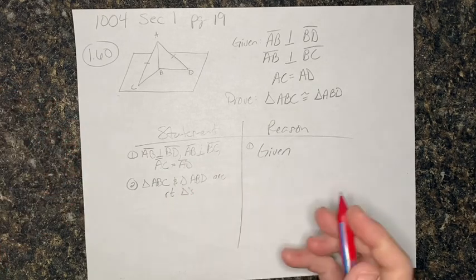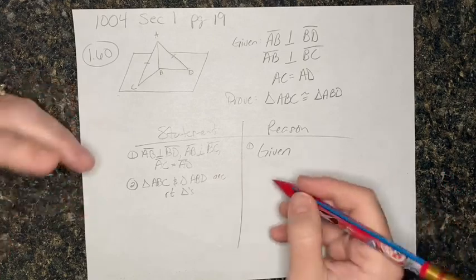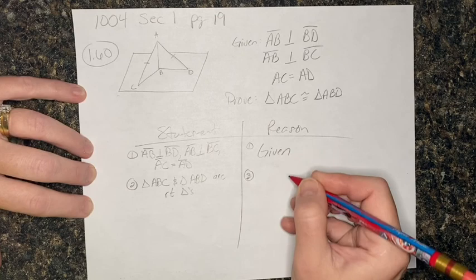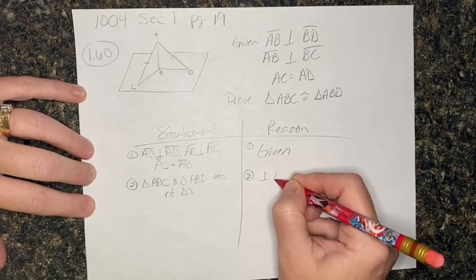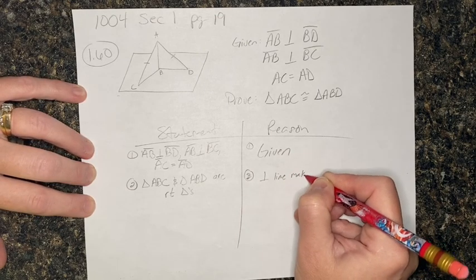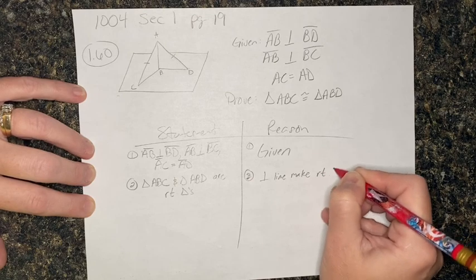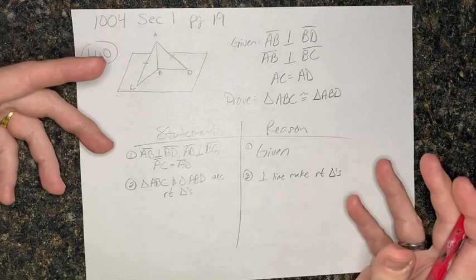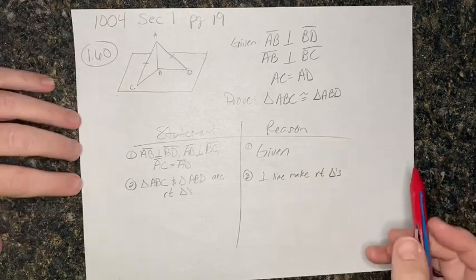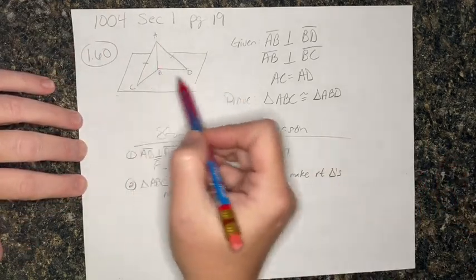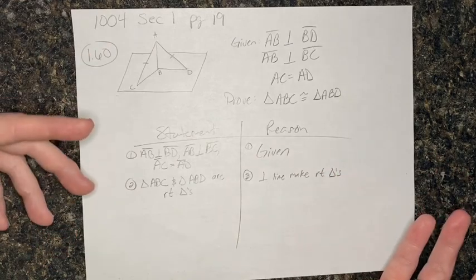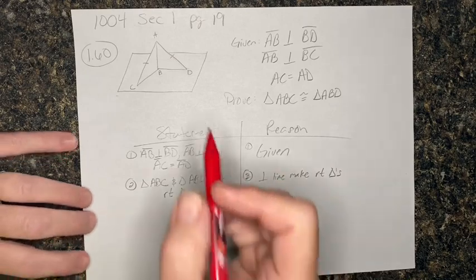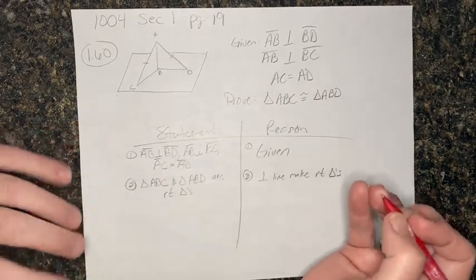Okay, how can I say that that's true? What proof do I have that that is a true statement? Well, 2 tells us that perpendicular lines make right triangles. Just like they made right angles, they make right triangles when we're dealing with triangles, okay? So perpendicular lines create right triangles, okay? That's number 2.